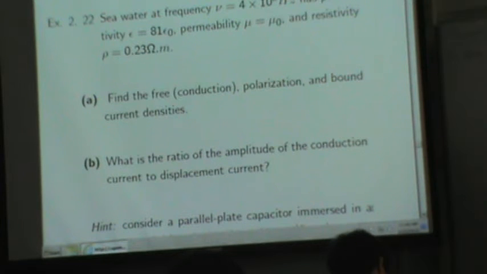And it has a resistivity, which is the inverse of the conductivity, of that much. The first part of the question is to find the free, that's the conduction current, the polarization current, and the bound current densities. In the second part, we want to find the ratio of the amplitude of the conduction current to the displacement current.